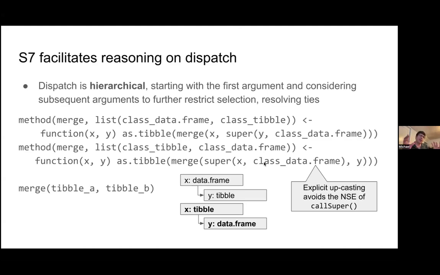It's kind of critical. It doesn't actually change the class of X to a data frame, but it adds essentially a wrapper class around it, so the dispatch machinery knows to ignore everything preceding data frame in the hierarchy. So you're enabled to essentially call a superclass method.